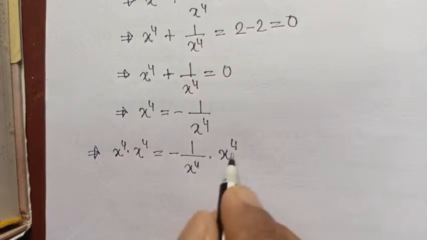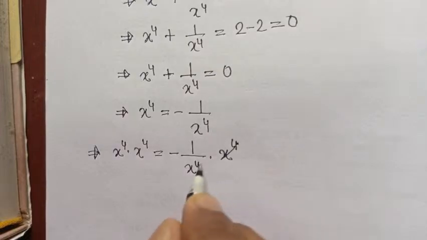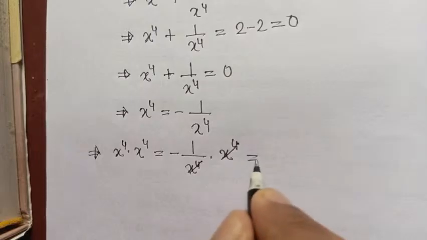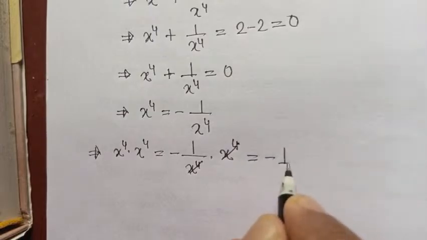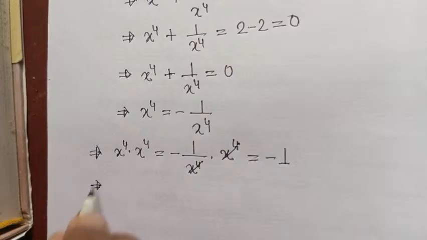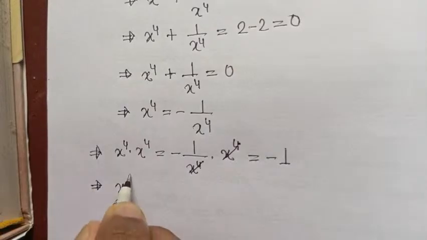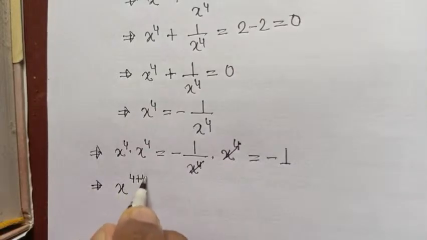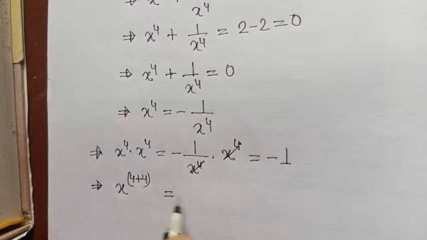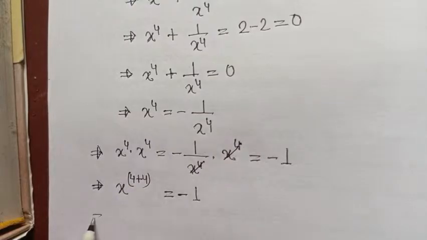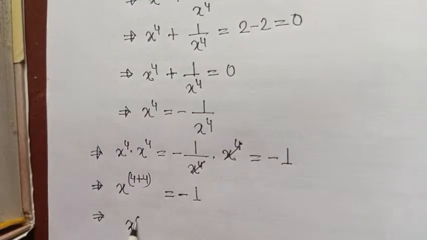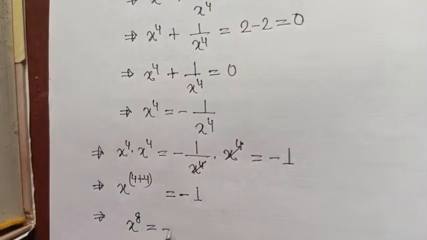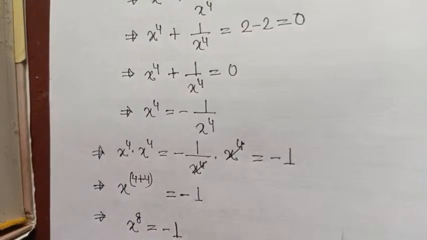Then it will be cancelled out like this, and the value will be minus 1. Hence that power will be added, and we get x to the power 8 equal to minus 1.